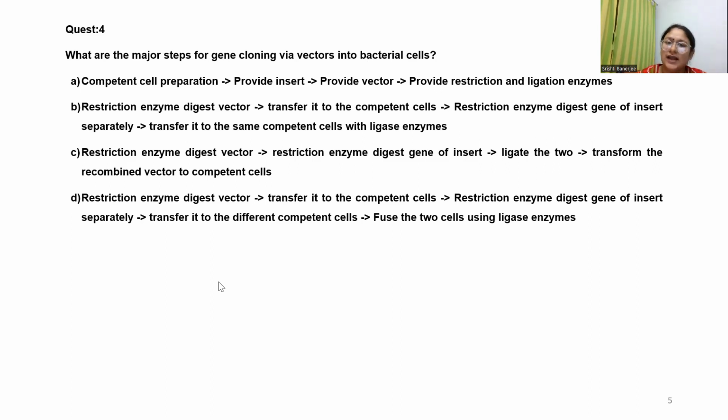Can you briefly elaborate on what happens in cloning, what the different steps are, and why you think option C is the correct answer and not B, A or D?